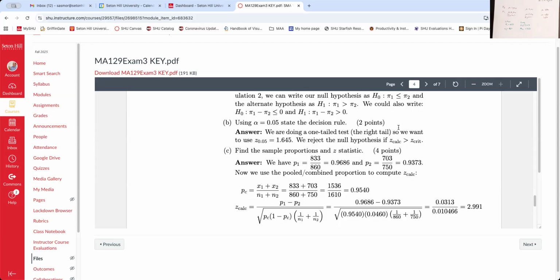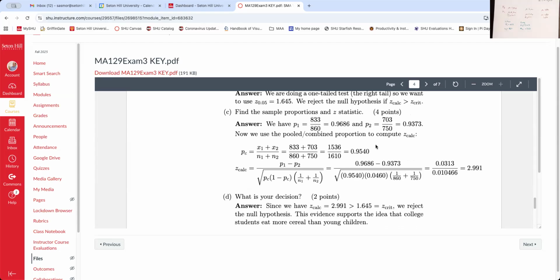Hey, I get 2.99. That's bigger than 1.645, right? Reject the null hypothesis. What does that mean? Which means that in this case, the college students are more likely to eat cereal than young children.